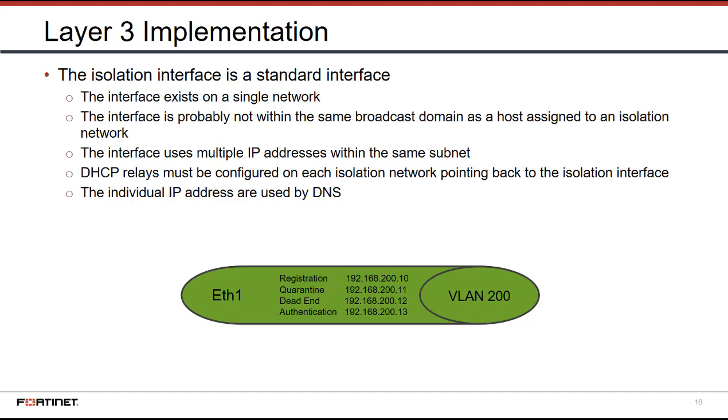But it's still, just like before on the layer 2, it still requires the Fortinet to be the DHCP server, and it's going to be the DNS server. The only difference here is we're going to use DHCP relay to make sure that when an isolated host out on one of the isolation networks we've set up in our environment requests a DHCP address, that address comes back to the FortiNAC.